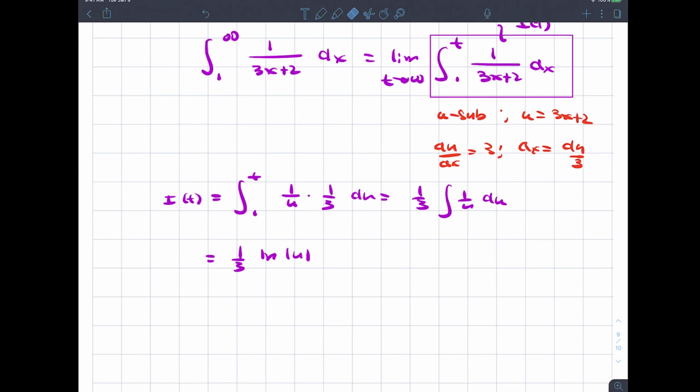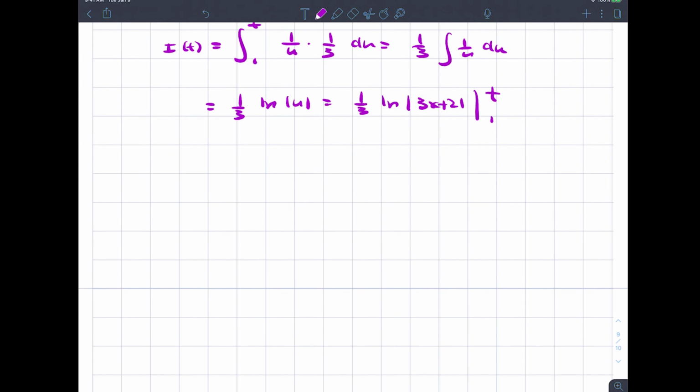And then don't forget, we write this back in terms of x: 3x plus 2, evaluated from 1 to t. That gives 1/3 natural log of 3t plus 2 minus 1/3 natural log of 5.